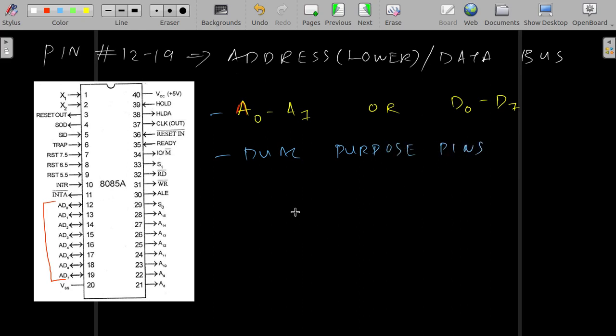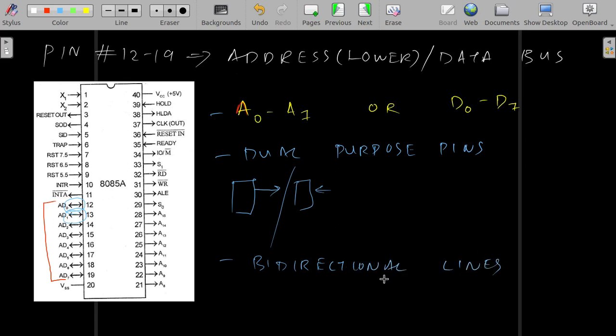And if you observe here, every other pin is either an input or an output, right? But these are both given as input and output. That is, they are bidirectional lines. But earlier when we considered the higher byte of the address, it was unidirectional.